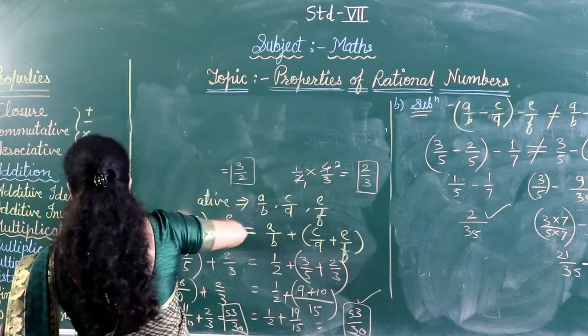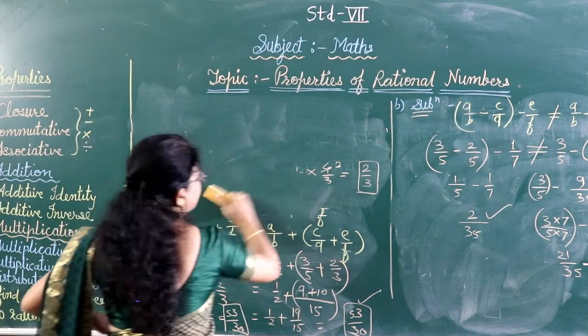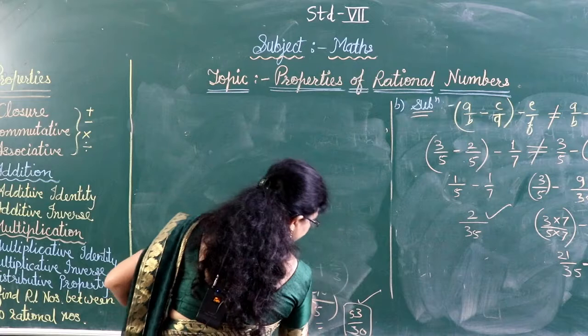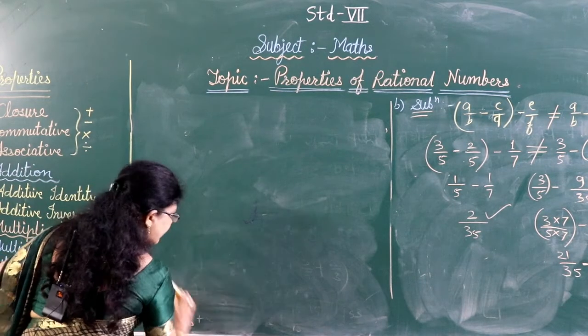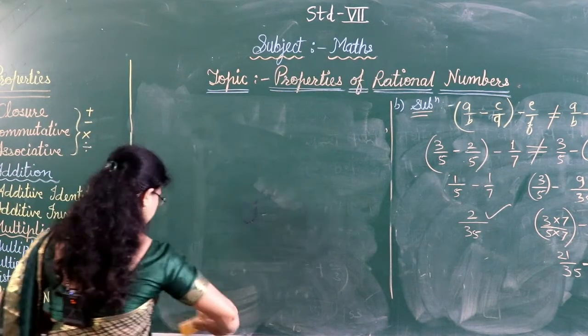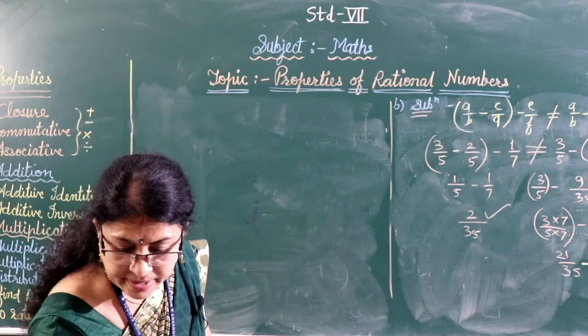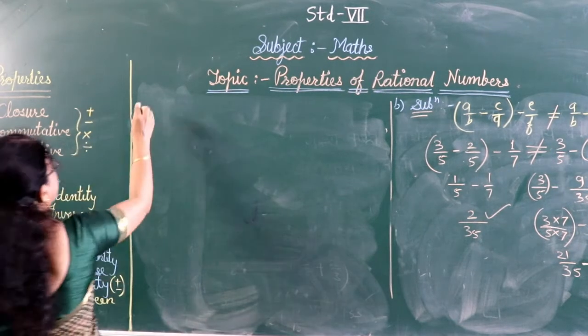Now see, the next property is additive identity. When we add 0 to any rational number, what answer do we get? We get the same rational number, right?